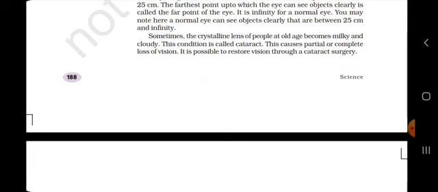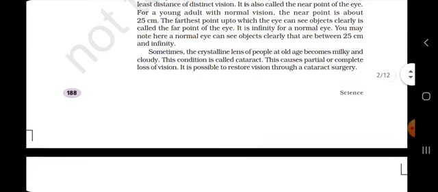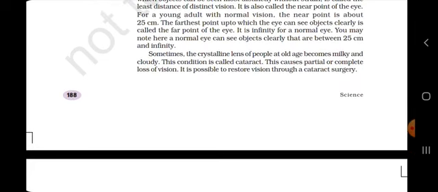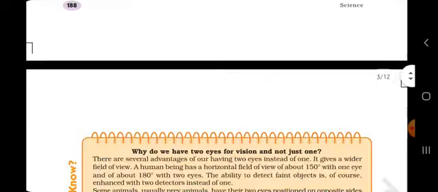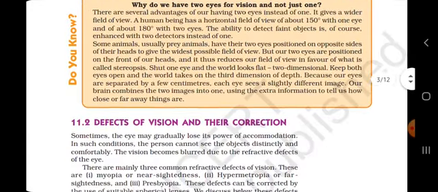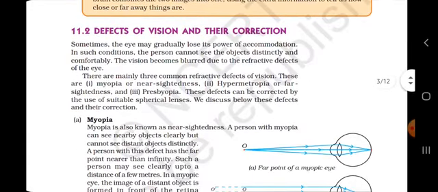One of the common defects was found to be a cataract, in which, in old age people, the eye lens becomes milky and cloudy. This also leads to the partial or complete loss of vision. It is possible to restore vision through a cataract surgery. So yesterday we did the defects of vision and the correction.